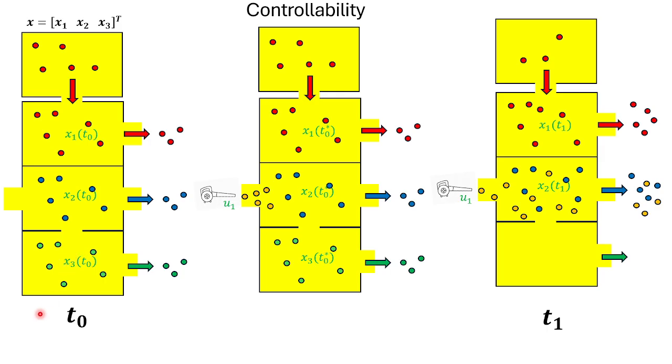Because there is no direct opening with this last compartment, technically we cannot directly control x3. But do we have any control on x3? The answer is yes, because some of the air particles will actually come through here and mix with this.